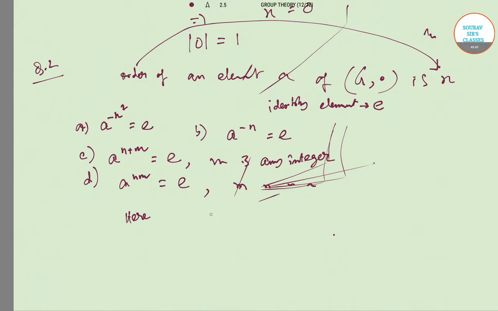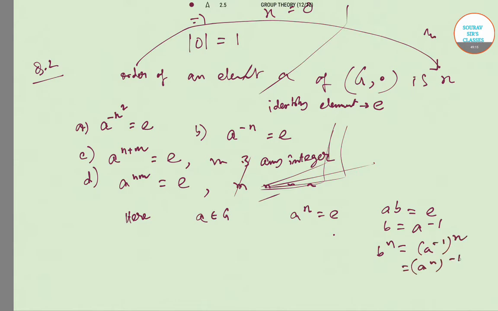So what we have, this is 6, so obviously A to the power 6 is E. That can be given as A to the power 4 times A square equal to E. So A to the power 4 is A square inverse, that is A to the power minus 2, E by A square. Similarly B to the power 4 will be B to the power minus 3. So similarly A to the power 4, C to the power minus 2 and B to the power 4 whole inverse will be equal to A to the power minus 2, C to the power minus 2, B cube, whole of minus 1, now it's matching.